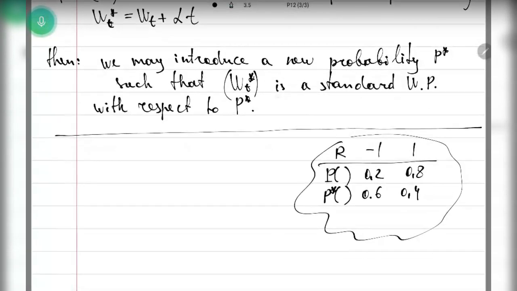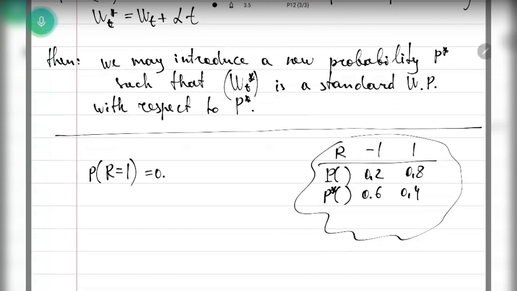And if you have two probabilities, then for all questions about characteristics of a random variable, you will have two answers. One answer calculated with P, and another answer calculated with P star. For example, what is the probability that R is equal to 1?